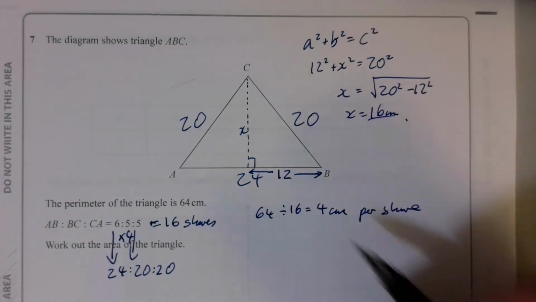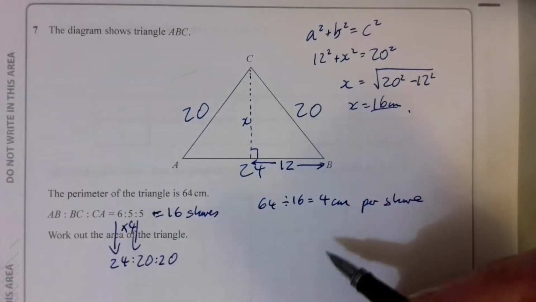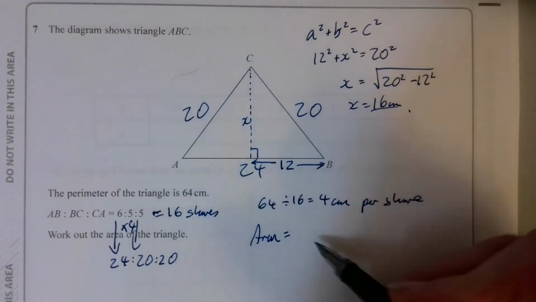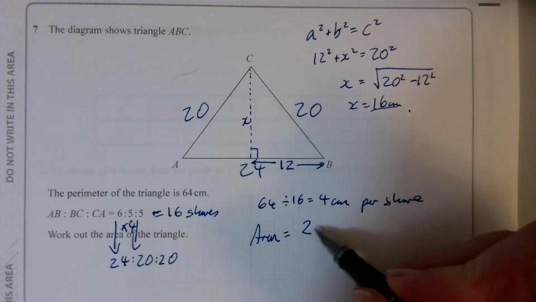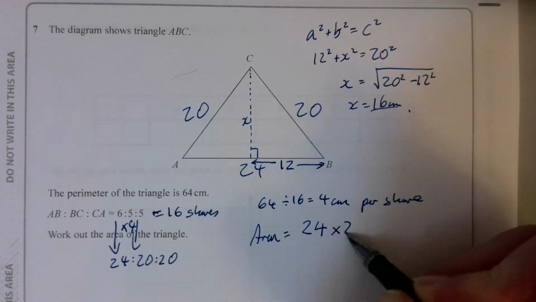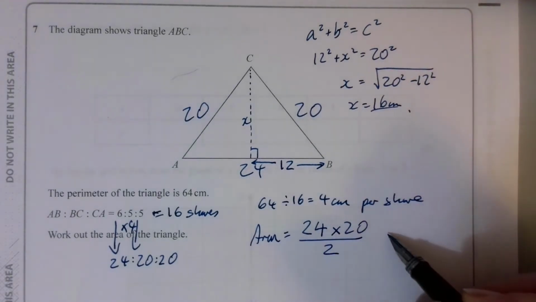So if we know the height of it is that, then our whole triangle, the area is going to be the base is 24 and the perpendicular height is 16, and that all needs to be divided by 2.